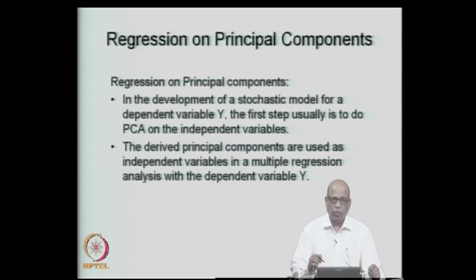And to the derived principal components, as we derive from the first set, we do the principal component analysis on the independent variables, and these principal components are used as independent variables in the regression. So, why now we regress with the principal components, that is what we call regression on principal components.